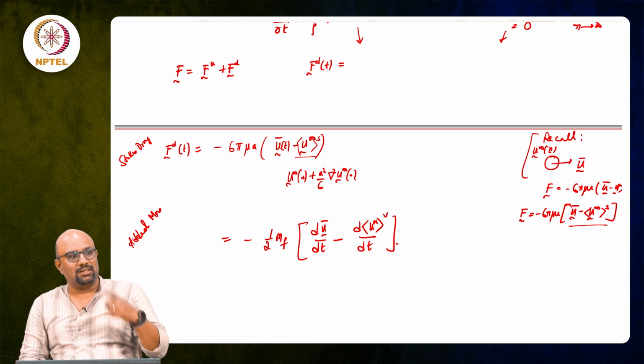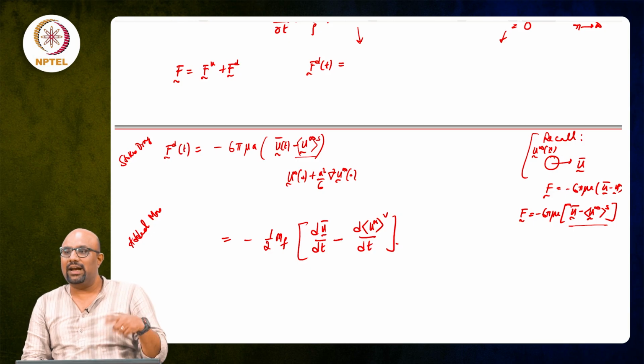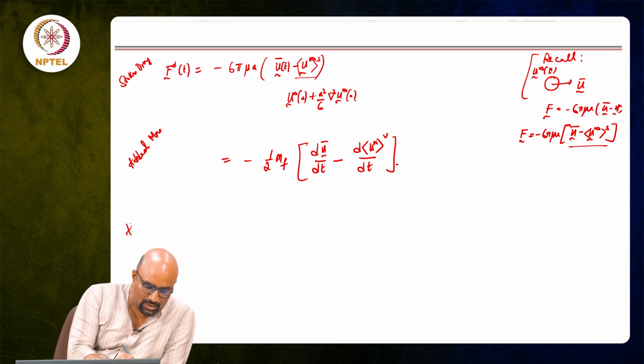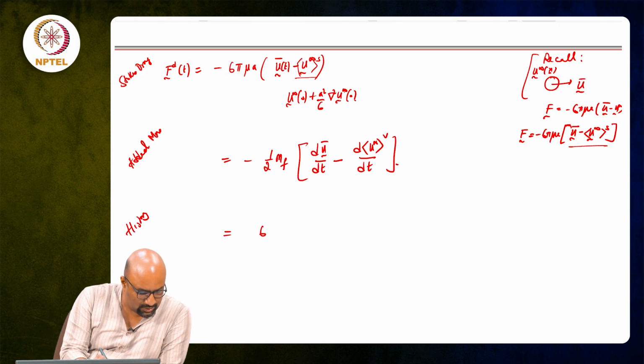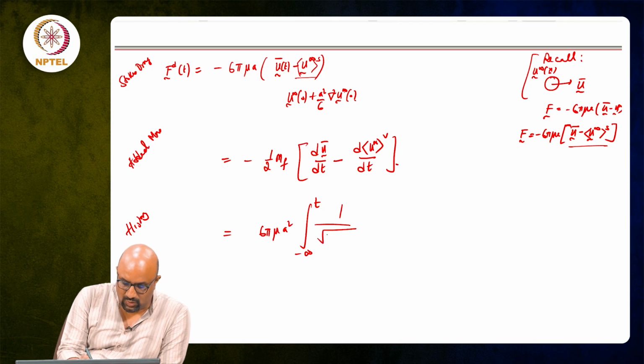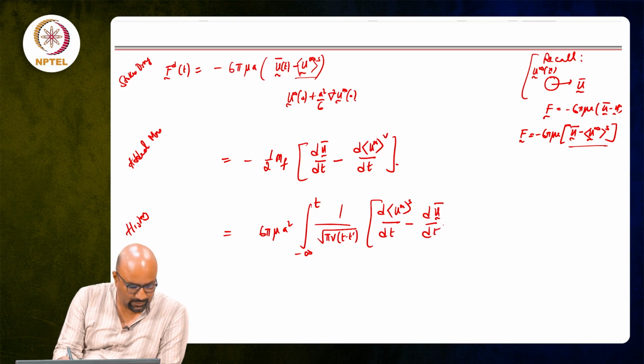So, the added mass is the fluid acceleration integrated over the volume, and then you have your history term, which is 6 pi mu a square, integral from minus infinity to t, 1 by square root pi nu (t minus t prime), d u infinity surface average dt minus du dt, dt prime. This is at t equals t prime.